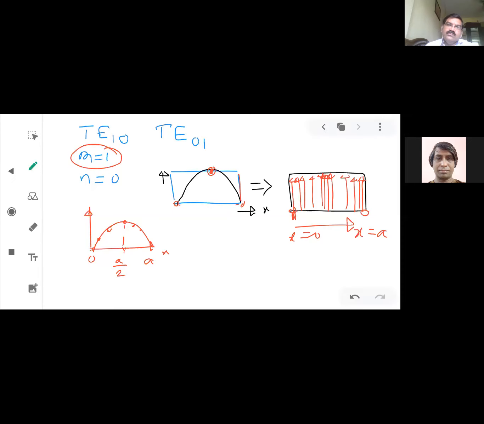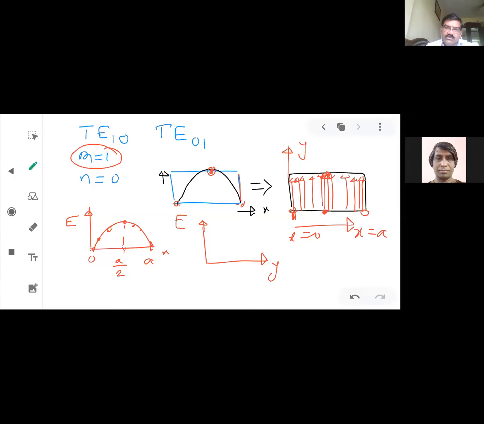Now we'll try for y. So this is the y-axis. Whichever point you take, suppose I start moving from the bottom plate to the top plate, and at the mid, I start from here and land here. And I will check how the field is going to vary. So now this is the y-axis and this is the field variation.